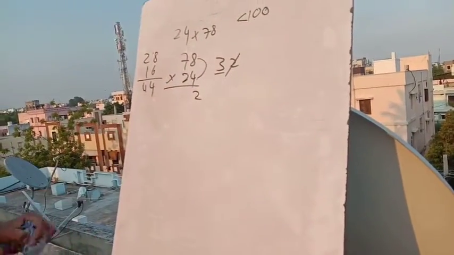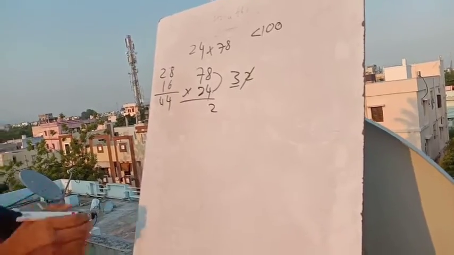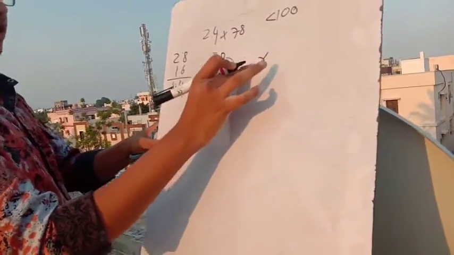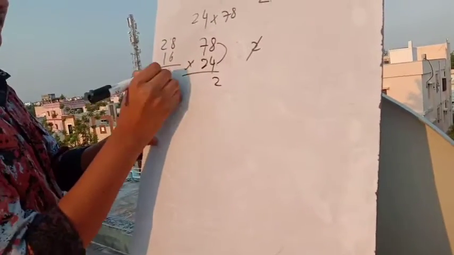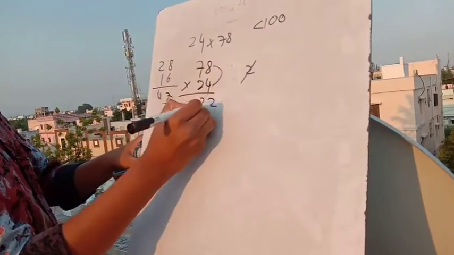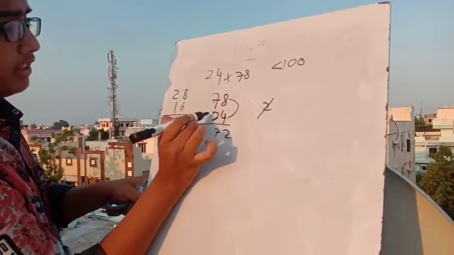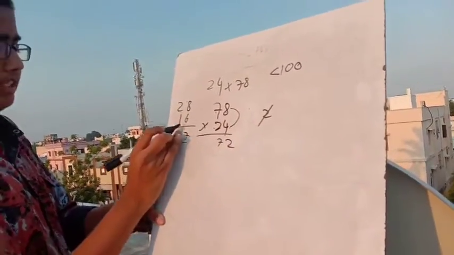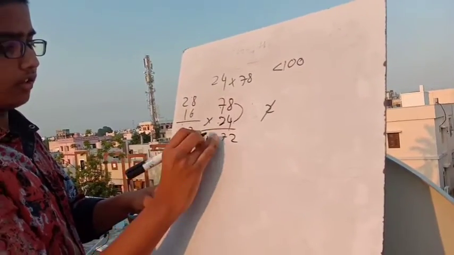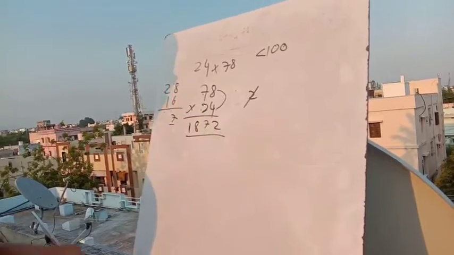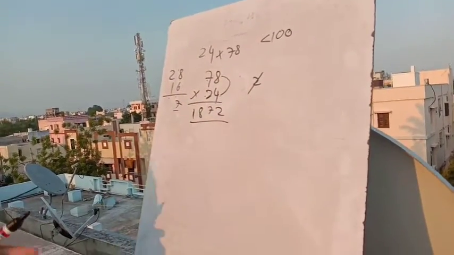Then we add 3 to this 44, and it becomes 47. Now we write this 7 here and leave the 4. Now we multiply these two: 7 2s are 14. 14 plus 4 is equal to 18. So the answer for 78 into 24 is equal to 1872. You can also check it in a calculator.